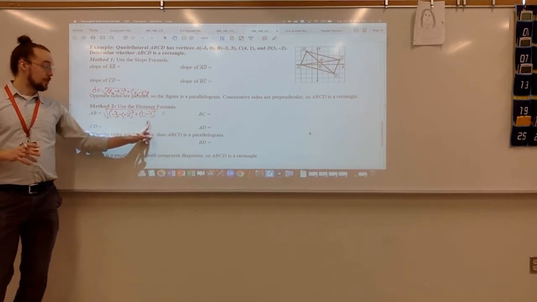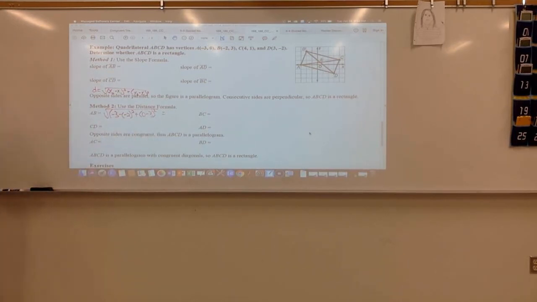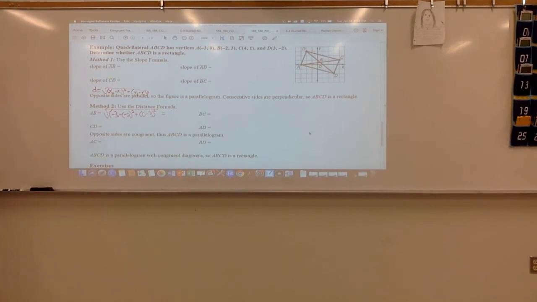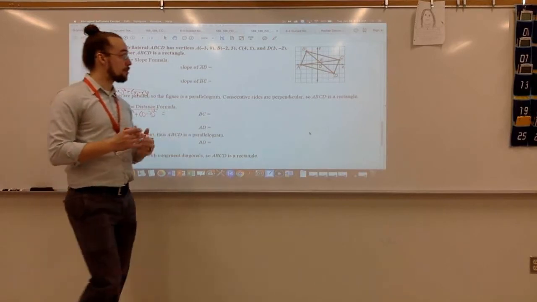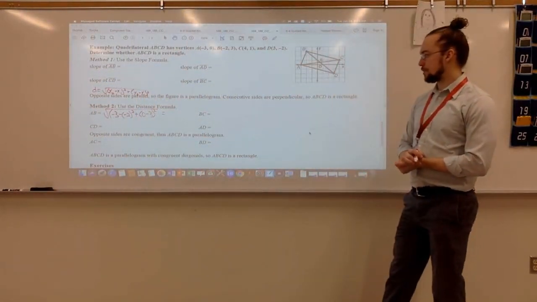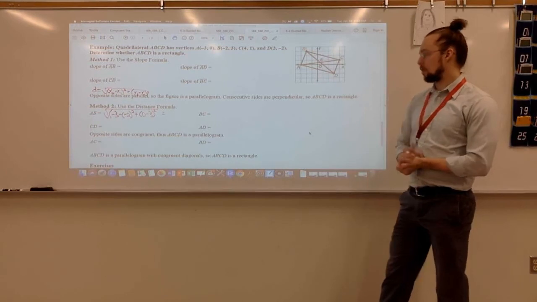You guys know where the square root button is on the calculator, and parentheses, and the square button, all that jazz. We can plug this in exactly as is. If you're more comfortable doing it by hand, that's perfectly fine. But we can plug this whole thing in at once. If we do that, we would get square root of 10.